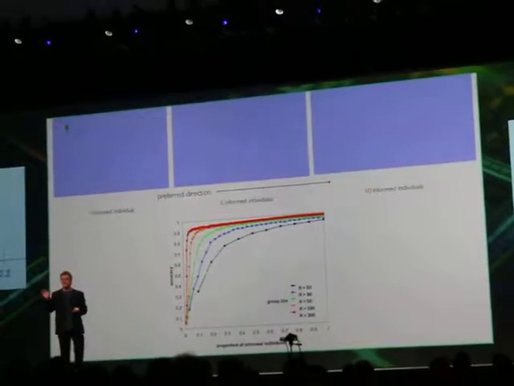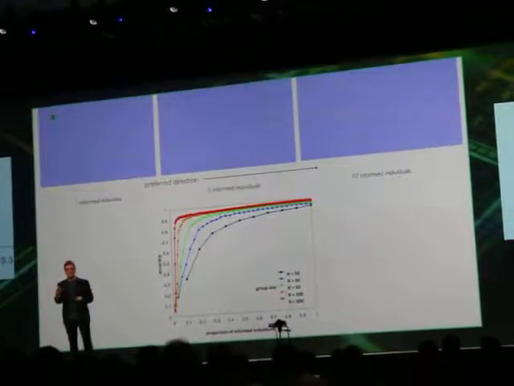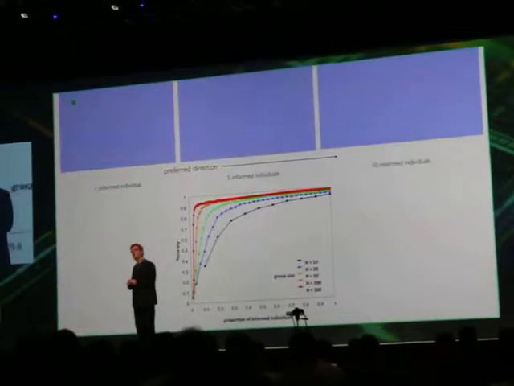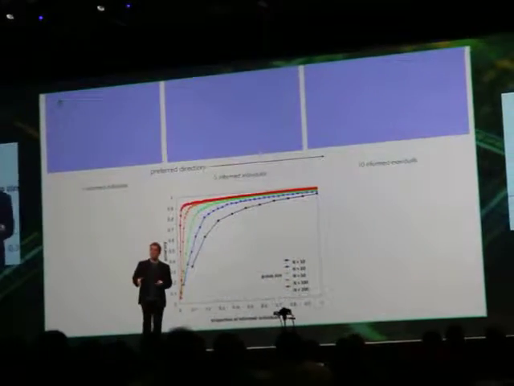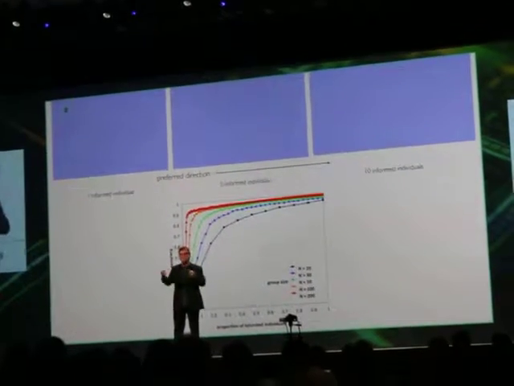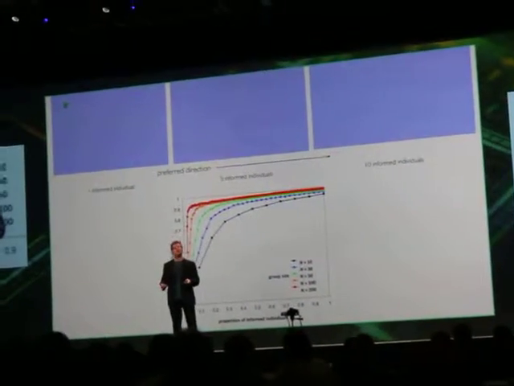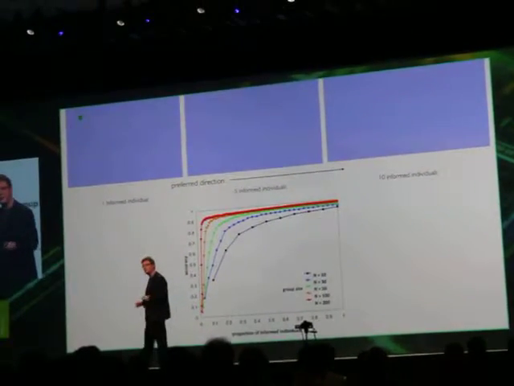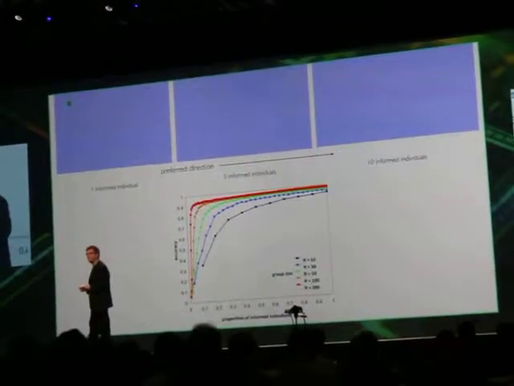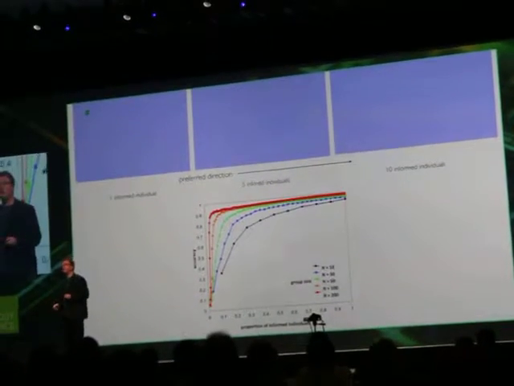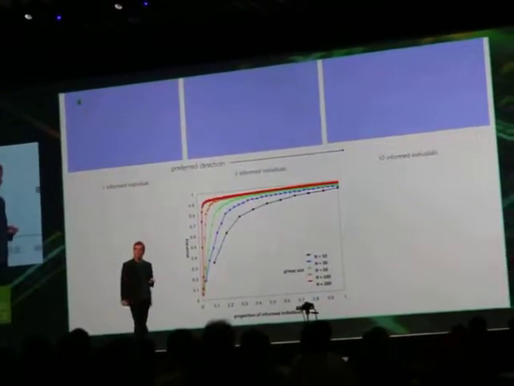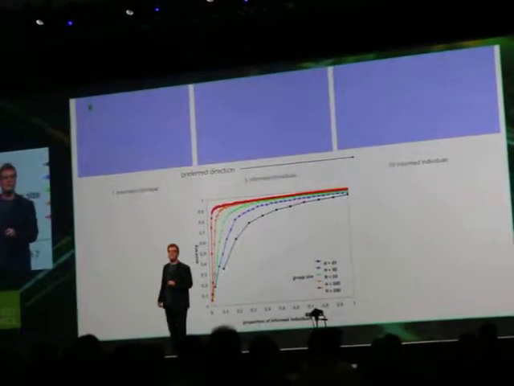The different colors represent different group sizes, the black line being the smallest group size of 10, the red line being the largest of 200. The y-axis measures the accuracy of information transfer, from 0 being completely random, so it didn't transfer at all, to 1 being perfect. And of course, these are local, noisy little creatures, or simulated creatures in this case, and so they never quite reach perfect information transfer.